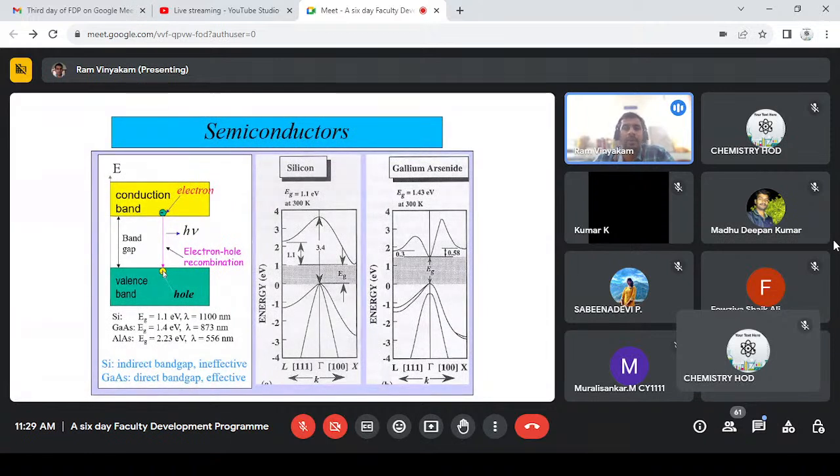The hole movement will be in the valence band, whereas the electrons will be in the conduction band. In a schematic diagram, throughout the solid the electrons will move wherever, whereas electron migration in the valence band or bonding will lead to hole movement. Just like that, we take a water bottle, fill it, and drink a little water.